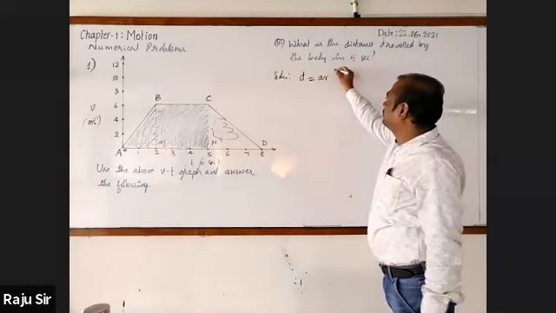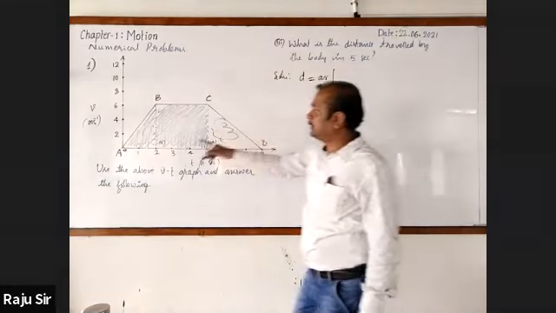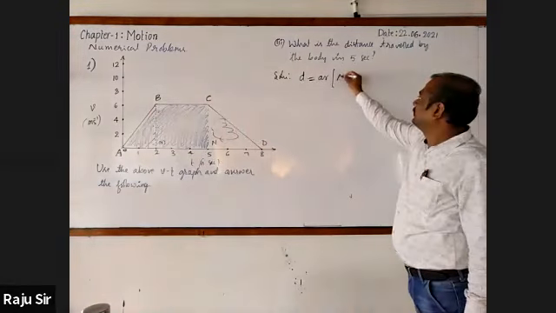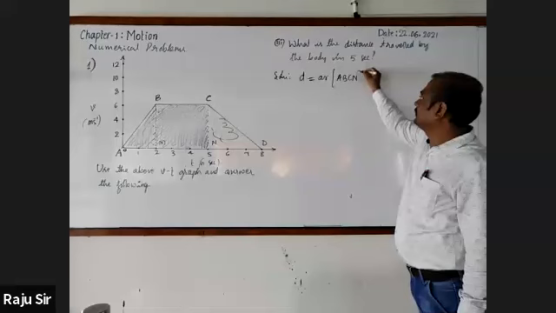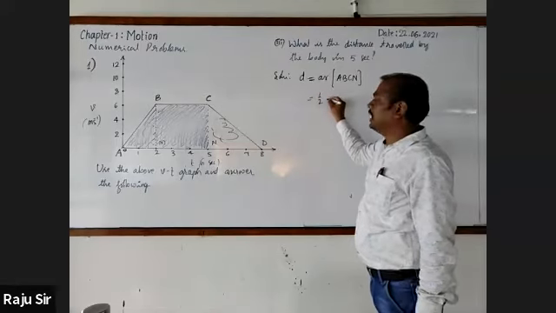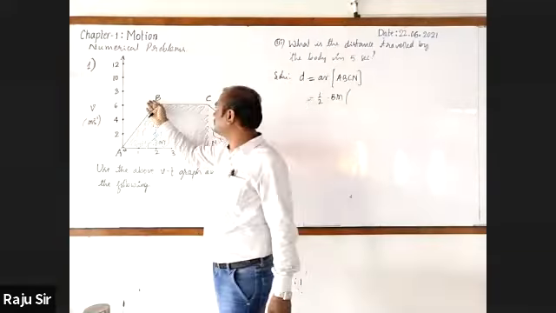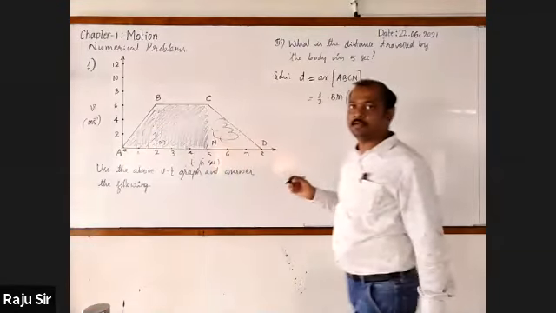Area of trapezium. The trapezium is ABCN. It is equal to half into height. Height is BM. You may take even CN also. Then sum of parallel sides BC and AN.